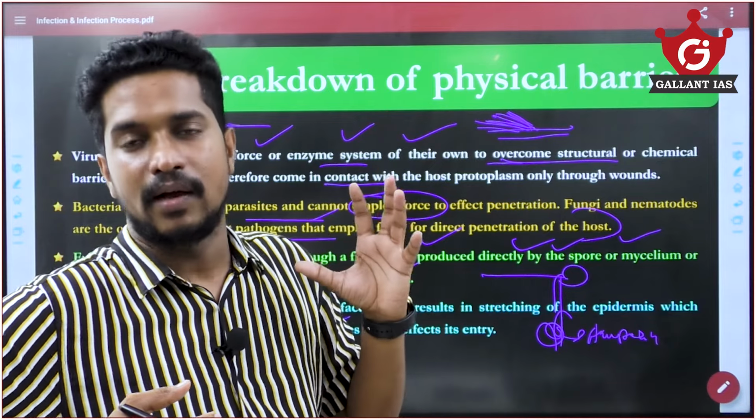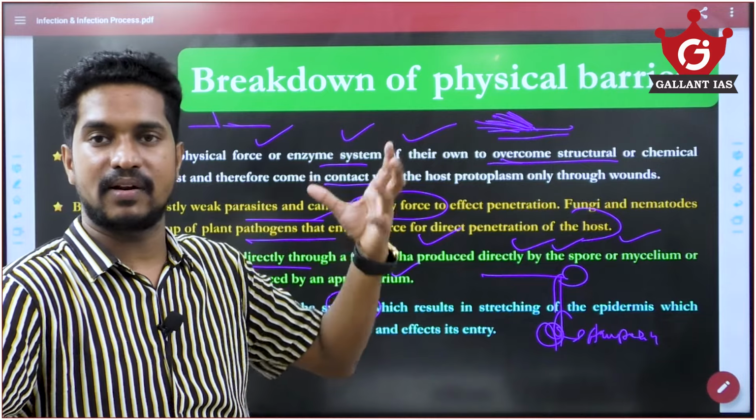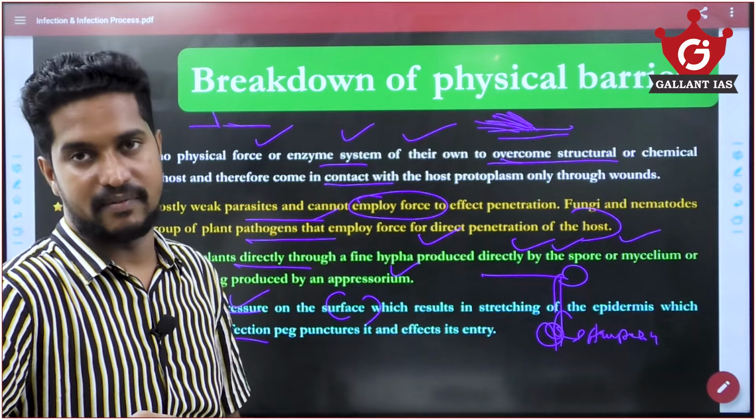So they get the nutrition there, and if they get the nutrition, they will continue their growth and development.